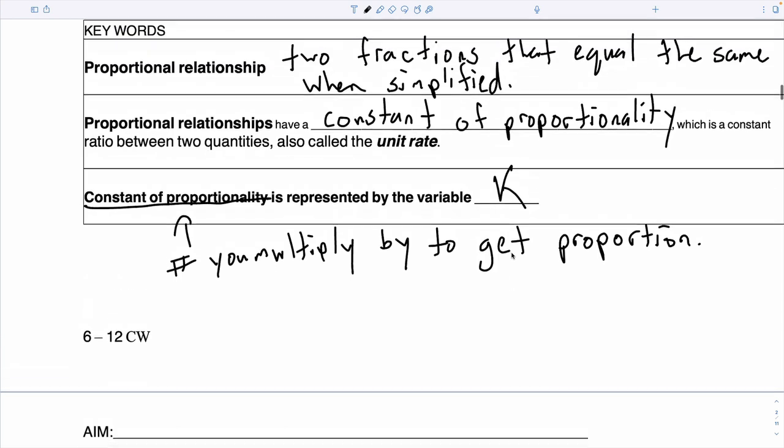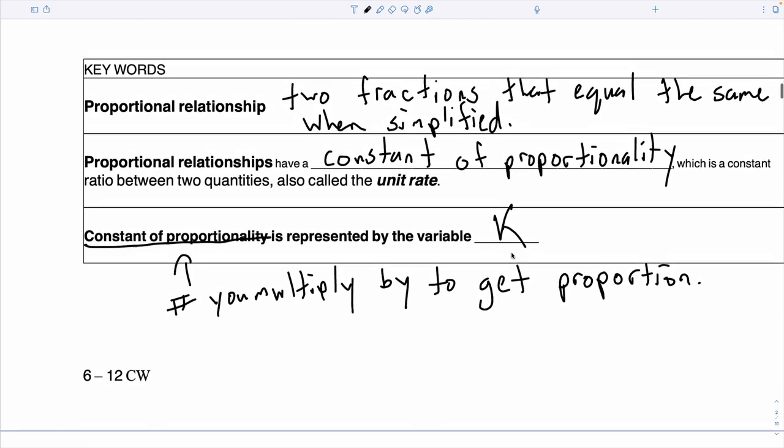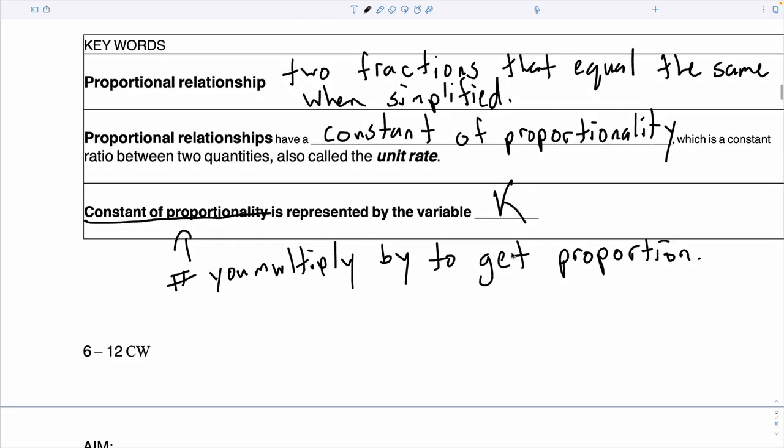Anyone still writing? Okay, I'll give you 10 seconds. Write the aim if you are done with that. Cool. Look at that. There's some grids on your page, which are why we did that in the warm-up.